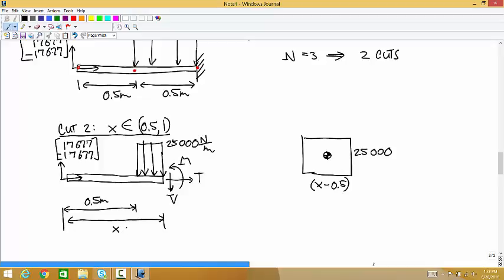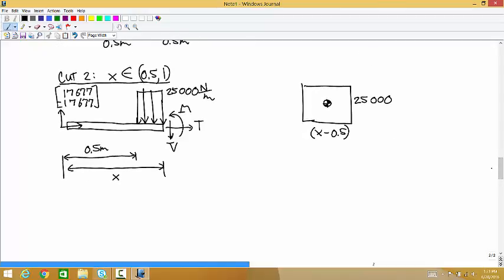I think I said at one point the most important thing in this whole class to remember is if you ever have to find a midpoint between 2 points, you just average them. So this is x equals 0.5. This is x equals x. Average those two and it gives you the midpoint. So (x plus 0.5) over 2 is going to give us the location where this force is applied. There are a few ways you can think about the geometry, but I think that's a nice, quick way.